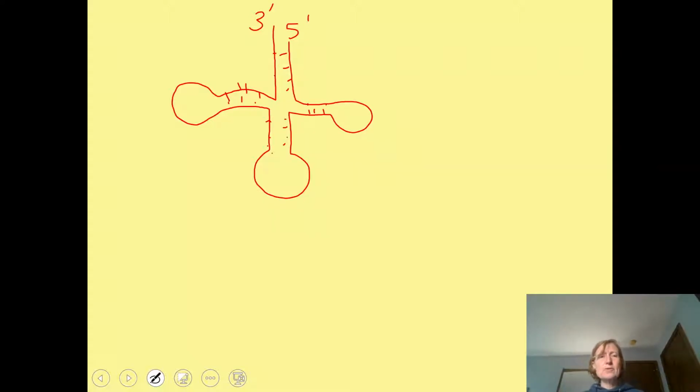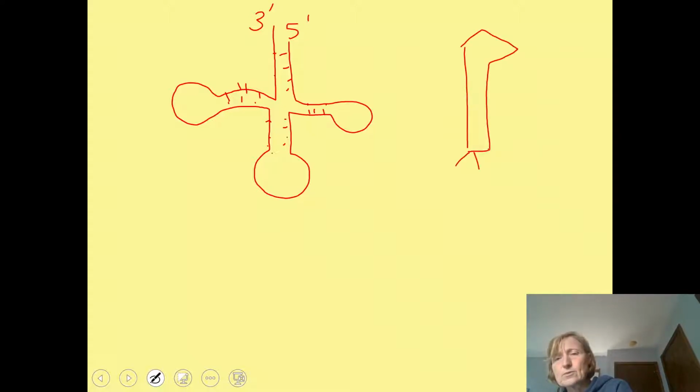And it has a couple of important features. It's a small RNA molecule, about 80 nucleotides long, and 2-dimensionally it looks like a clover. 3-dimensionally it looks a lot more interesting. Sometimes I will draw it more like this, and we'll see why in a second, okay? But it has, importantly, an anticodon loop.